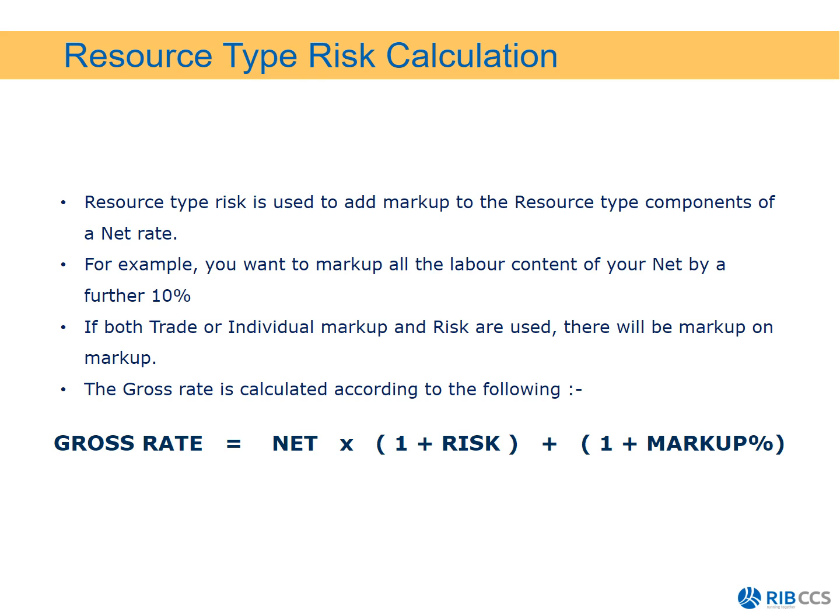So the gross rate is calculated according to the following: your gross rate equals your net multiplied by 1 plus risk, plus, in brackets, 1 plus markup percent. So that is what we call the resource type risk. And how do you go about allocating this in Candy?